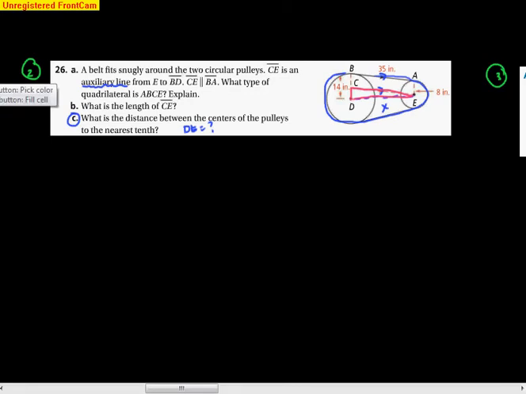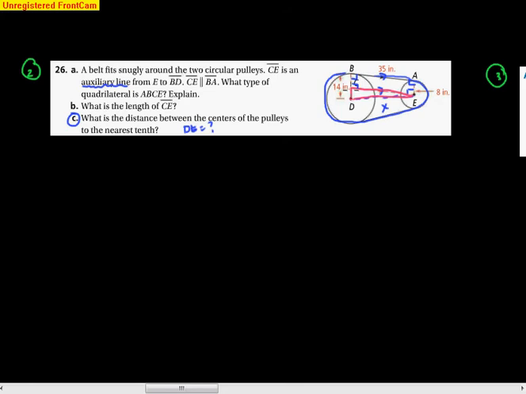So we need some things in this triangle. Well, let's see what we got. In the top quadrilateral, A, B, C, and E, these B and A are points of tangency. EA and DB are radii. When a radius meets a point of tangency, they are perpendicular. And because these 2 sides are parallel, these 2 angles are also right angles, and what we have here is a rectangle.